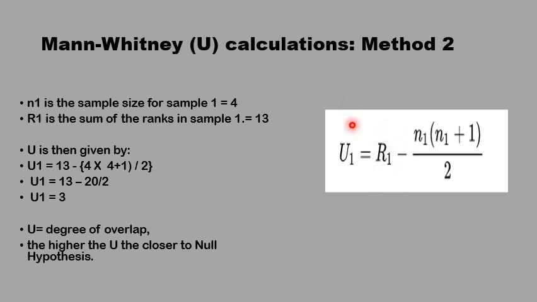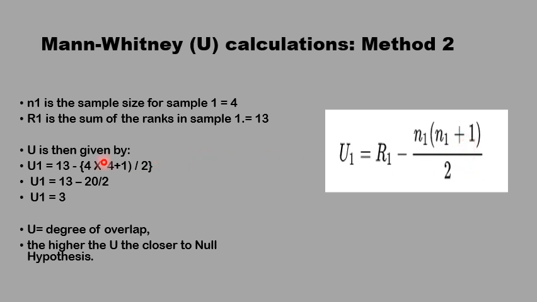And then we use the rank sum for the females, which was lower than that for the males, to calculate the Mann Whitney test statistic, the U, according to this formula. The U is the rank sum for the females minus the number of females, which was 4, multiplied by the number of females plus 1, which was 5, divided by 2.